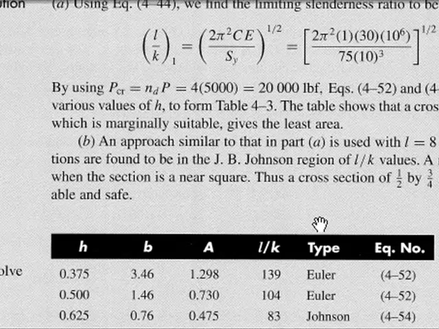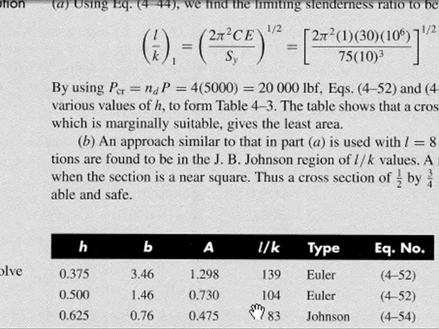It's 104, still bigger than the 88.9. And so if we guessed Euler, then we are still Euler. Then if we guess Euler again using an h of 0.625, Euler would have given us something, but that L over k would not have fit Euler.